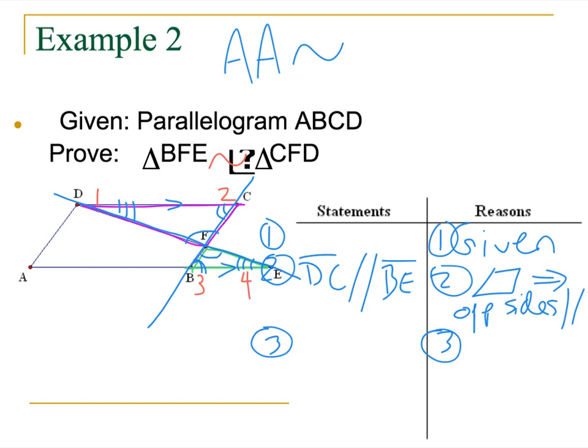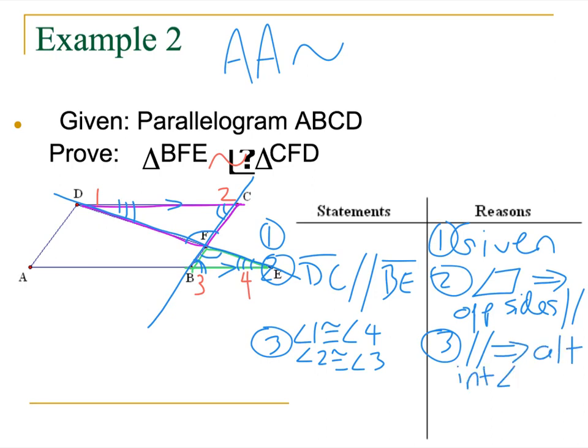So I've got angle 1 is congruent to angle 4, and angle 2 is congruent to angle 3. Just want to save some time there, it's hard to write very small on the iPad. And that is by if parallel lines, then alternate interior angles are congruent. When you look at it with the different transversals, they're still alternate interior angles based off the parallel lines and the transversals we're looking at.